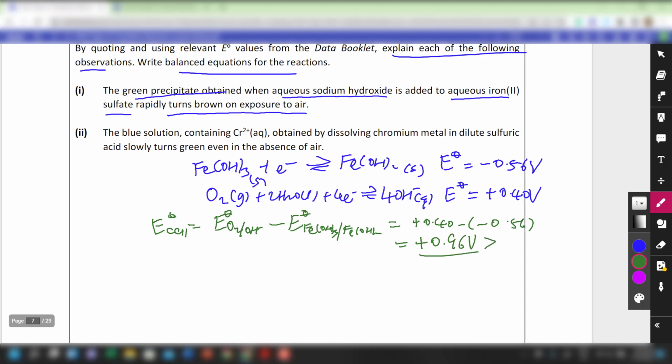This is greater than 0 volts, therefore the reaction is spontaneous. So iron(II) hydroxide will be rapidly oxidized to iron(III) hydroxide on exposure to air.